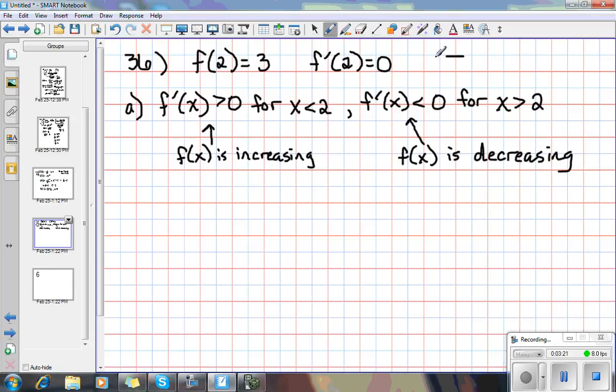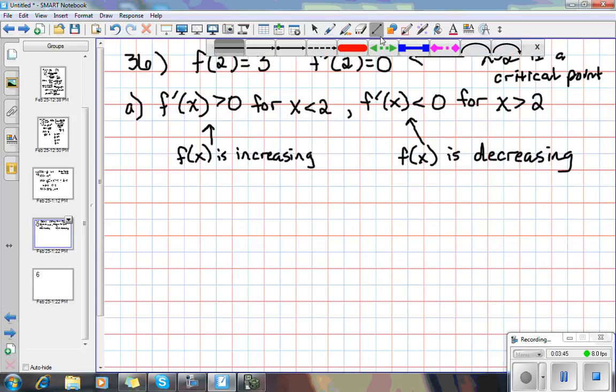And we have some information from this up here too. If my derivative equals 0 when x equals 2, then x equals 2 is a critical point.